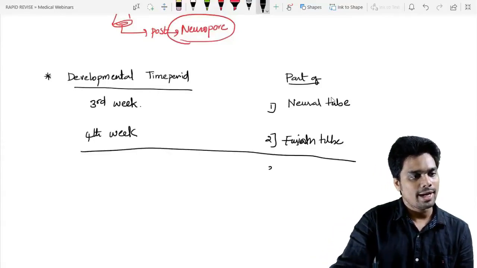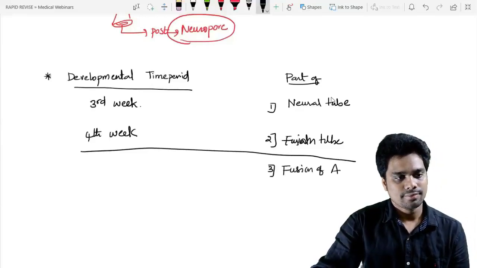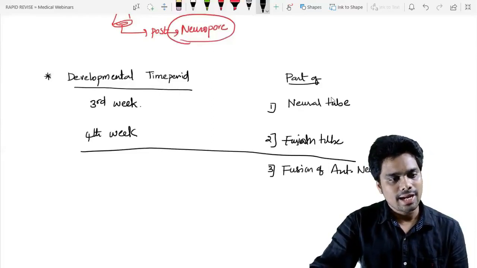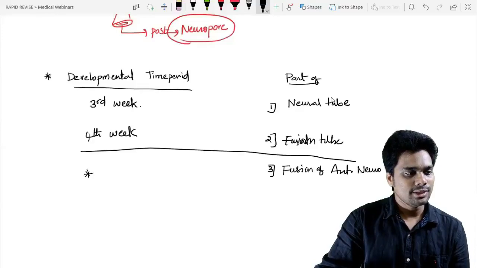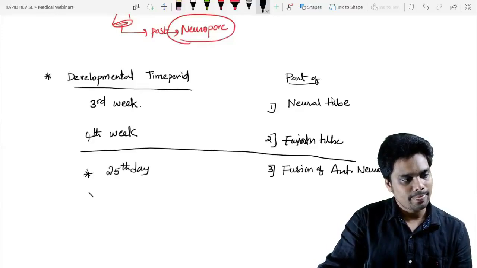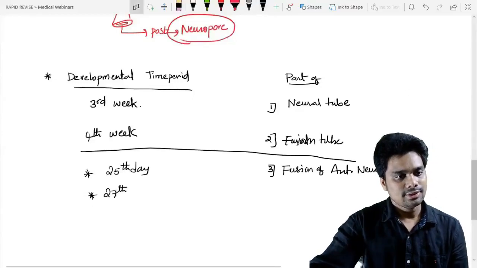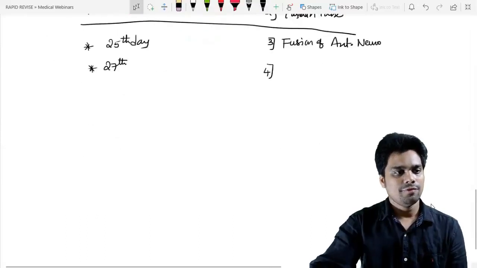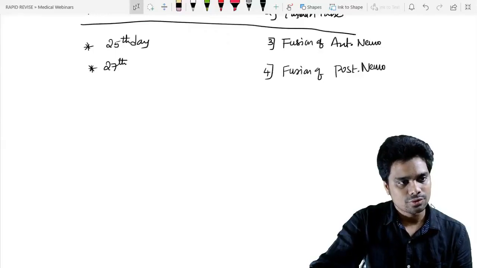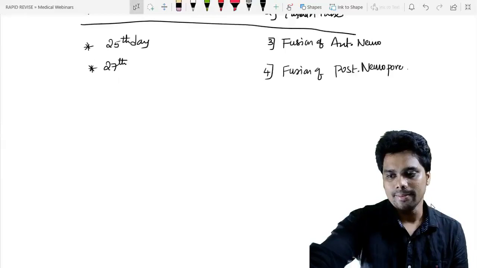This is followed by fusion of the anterior neuropore. When does the anterior neuropore fuse? It fuses in the middle of the fourth week, that is the 25th day. And the posterior neuropore fusion occurs on the 27th day.